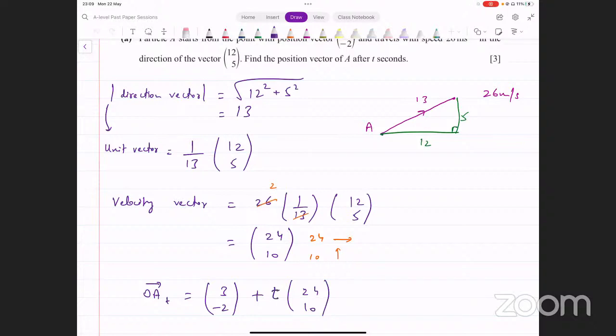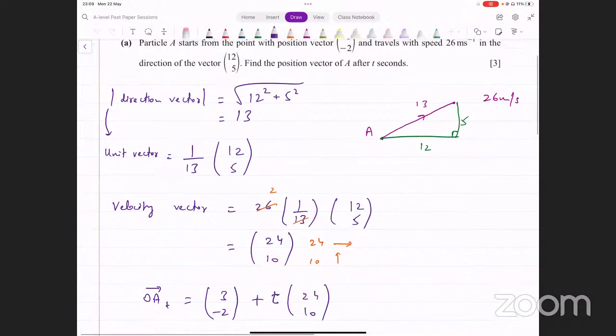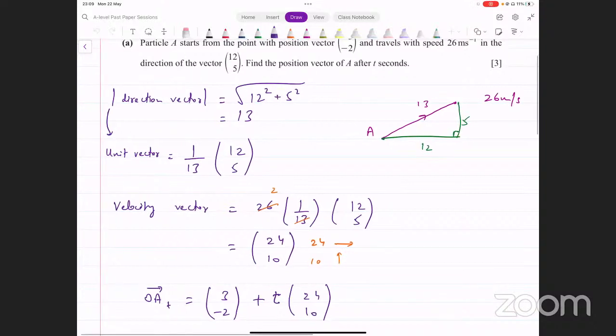This is the position vector of the point A that we were looking for. (3, -2) plus t into (24, 10). And that's your final answer here.